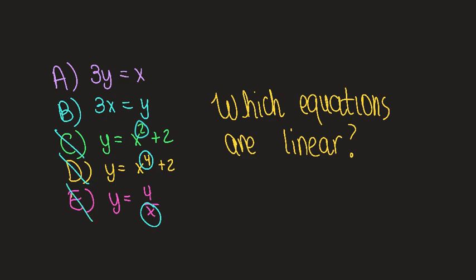Now let's look at A and B. B is definitely good because it says y equals something that doesn't have an exponent. But A doesn't say y equals something. So if I divided by 3 and divided by 3, cross these out, is X going to be on the bottom? Nope, so it's fine to go. Both A and B are linear. They both can say y equals, and there is no exponent.